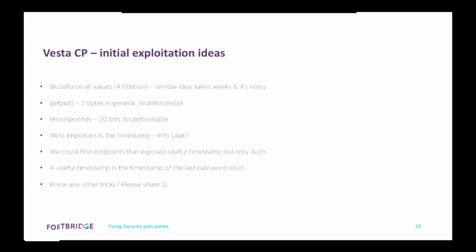A useful timestamp is a timestamp which is exactly or around the moment in time where the last password reset was done. Anyway, all these endpoints were authenticated. So those are all my ideas. If you have any other ideas or know any other tricks, feel free to share them.